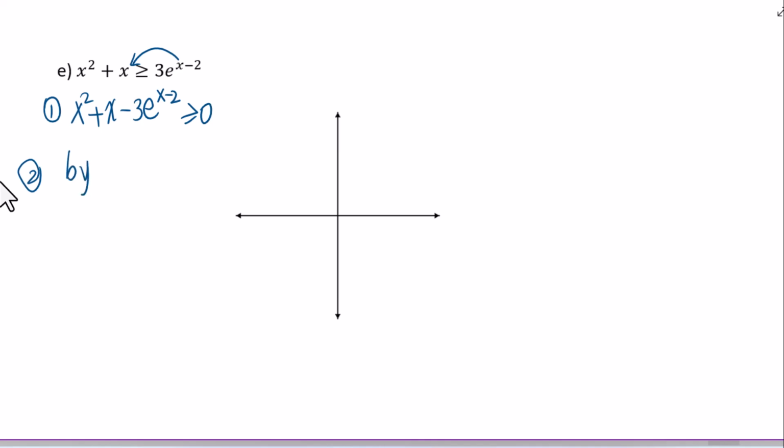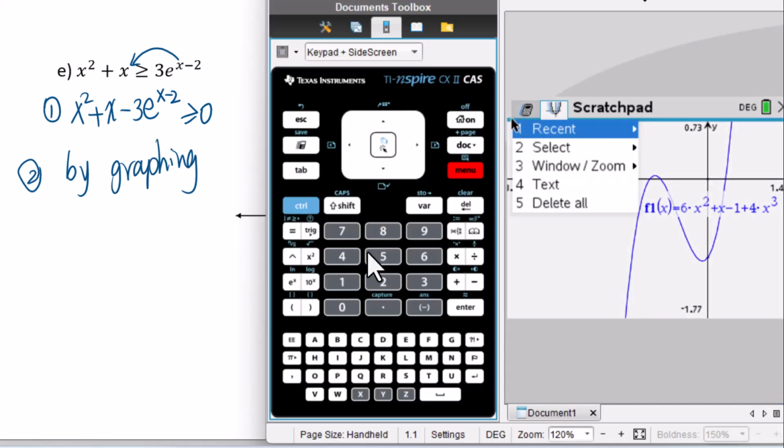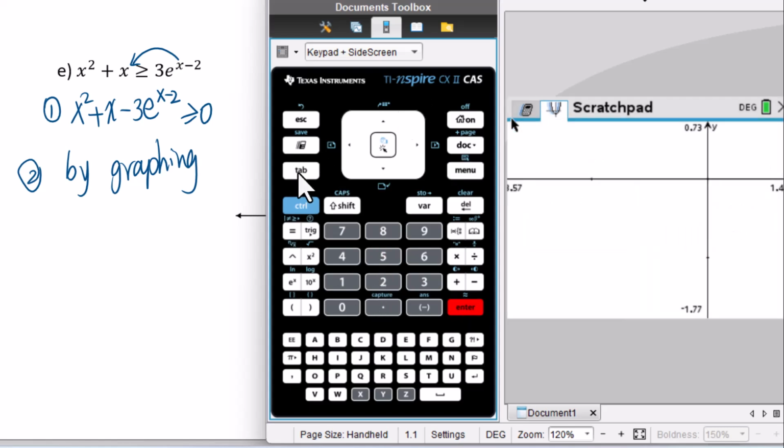We have to figure out the roots by graphing. Control menu, delete all. Then tab. Put the function in: x squared plus x minus 3 e to the x minus 2 power.